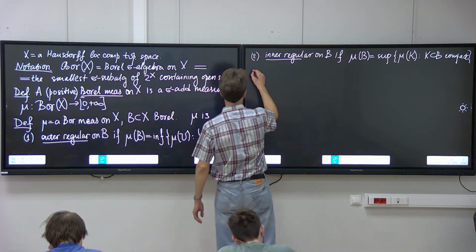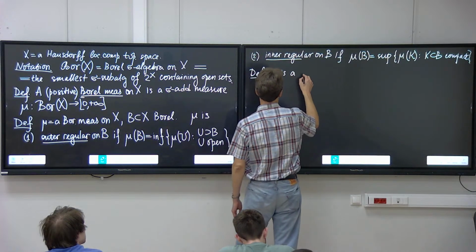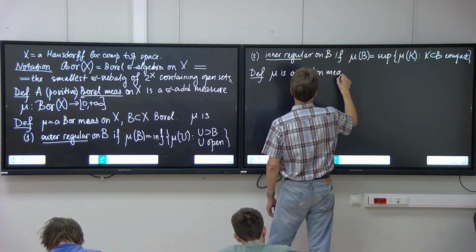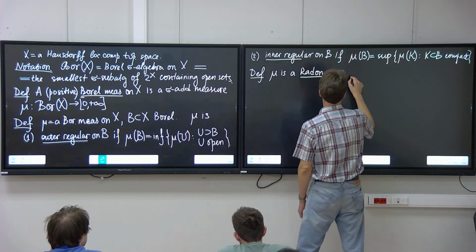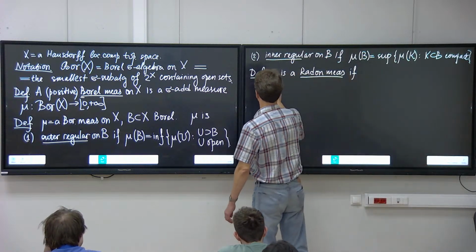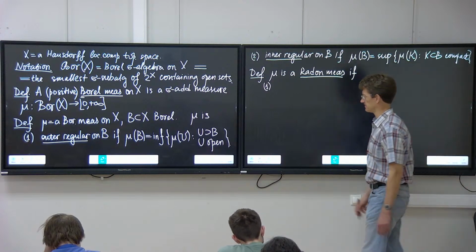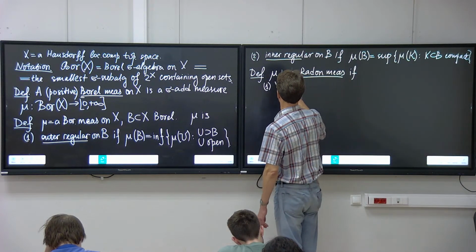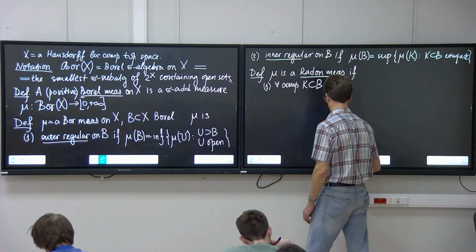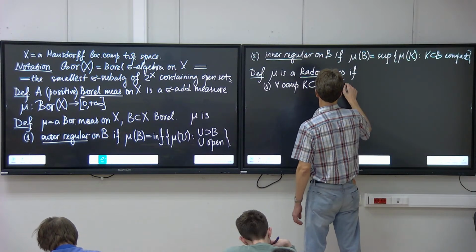And finally, we say that mu is a Radon measure if it satisfies the following three conditions. Condition one is that the measure of every compact set is finite. For every compact subset K of X, the measure of K is finite.